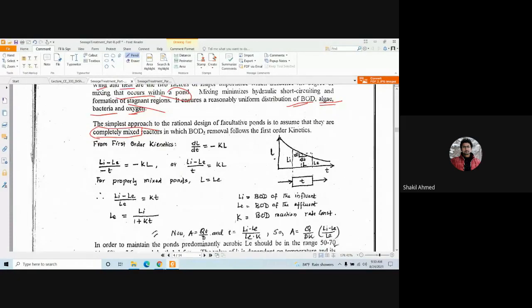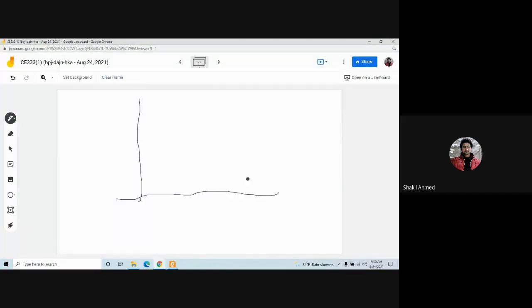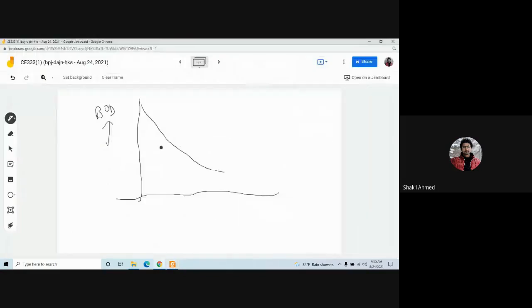In that case, what you can write from the first order kinetics, as I told you in the last class, is that with time the BOD load, what will happen, guys? It will be reduced, am I right? Because bacteria are consuming them, right? Yes, sir.